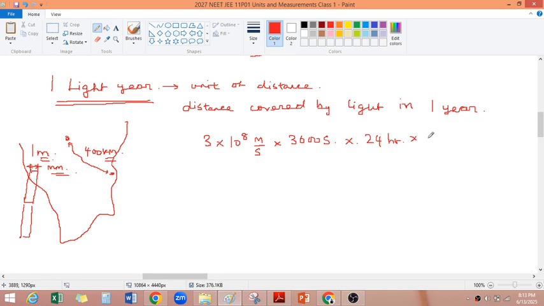In 1 year I have 365 days, or more accurately 365.25 days. That's what will add up, the quarter will add up as in every leap year, February 29. When I multiply this, I think I should get somewhere around 9 point something into 10 power 15 meters.